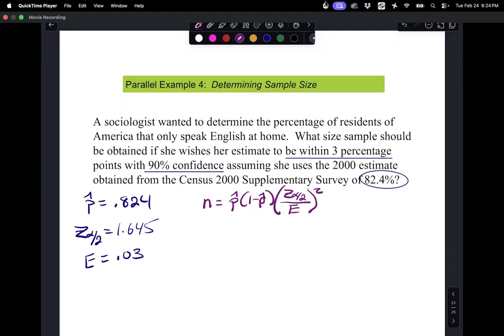So let's do this. 0.824 times 1 minus 0.824, times 1.645 divided by 0.03 squared. If you are careful with your parentheses, put parentheses everywhere I have them. You can put this all in your calculator just as it is.